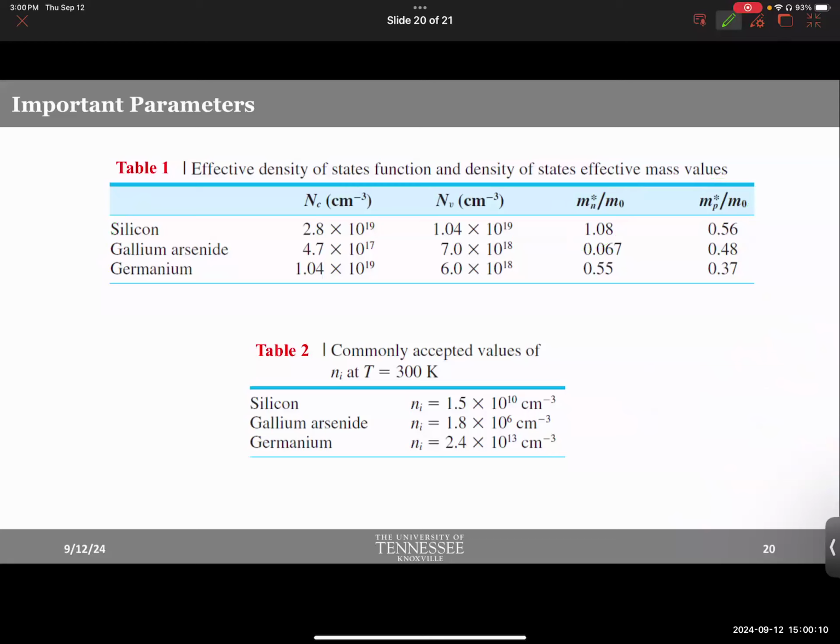So imagine in silicon, only in silicon, the effective mass of electron is 8% more than the actual rest mass of electron. Let's see how the hole behaves. For the case of hole, effective mass is almost half of the rest mass of electron, 56%, almost 50%. You see, electrons and holes don't show the same effective mass essentially.